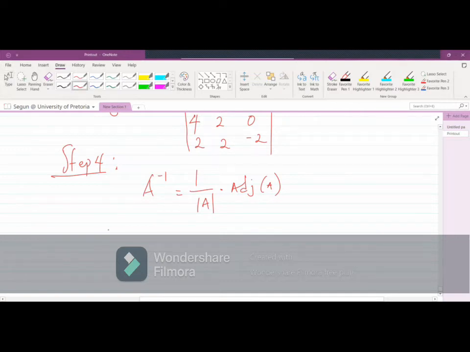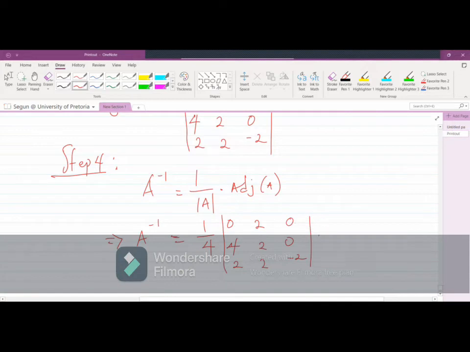So, which means A inverse will be, what is our determinant from number 1? 1 all over what? 4, so 1 over 4, multiplied by the adjoint of A. Call the adjoint of A for me: 0, 4, 2; 2, 0, 2; 2, 0, -2.